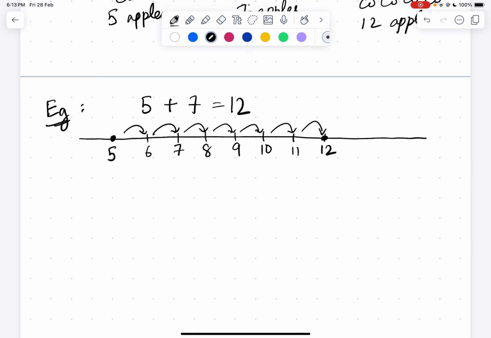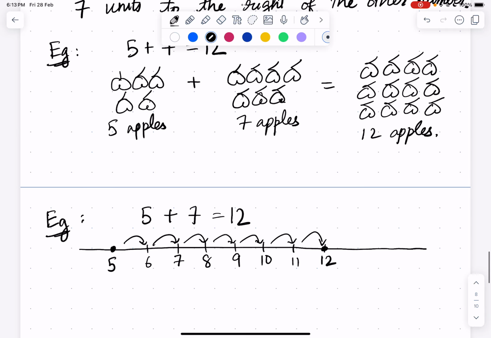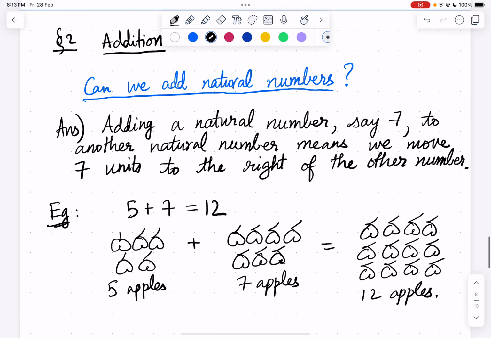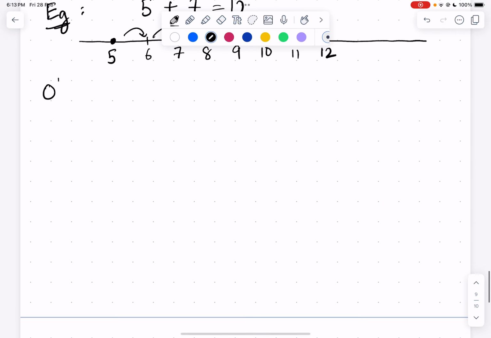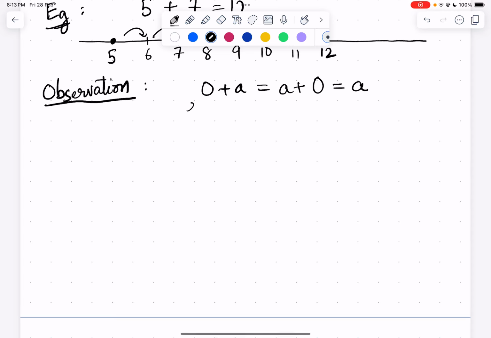So 5 plus 7 equals 12. This is addition of natural numbers. This is how we add natural numbers. And an observation: 0 plus a equals a plus 0 equals a for any natural number a.